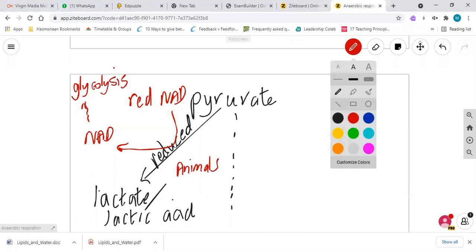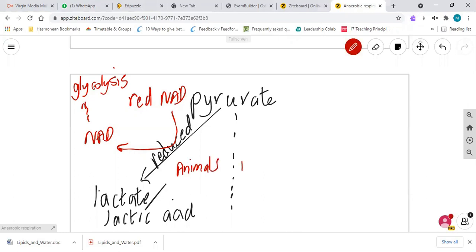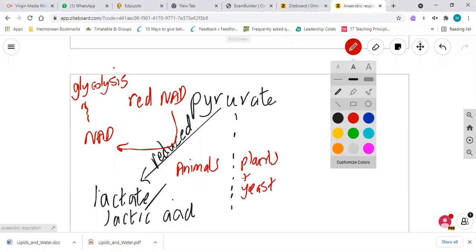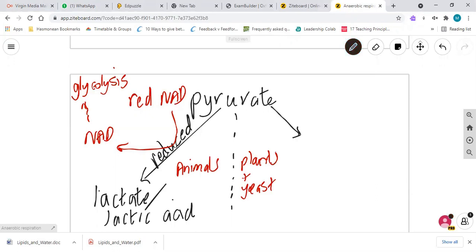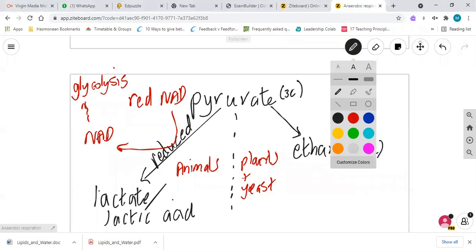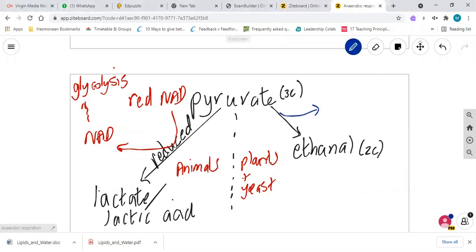In the case of plants and yeast, a slightly different process, but the same principle. Pyruvate, first of all, is decarboxylated to give a compound known as ethanal. Now, pyruvate is a 3-carbon compound. Ethanal is a 2-carbon compound, which means that we must produce CO2.